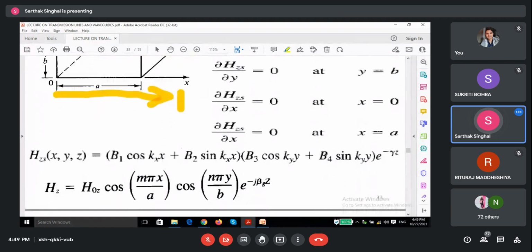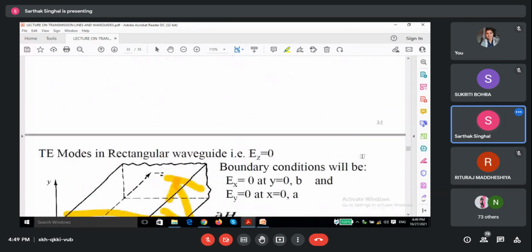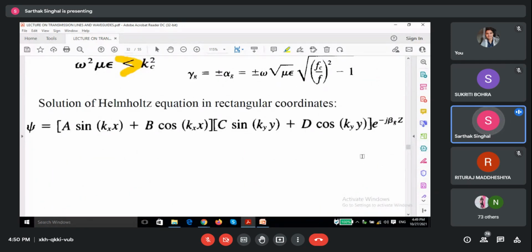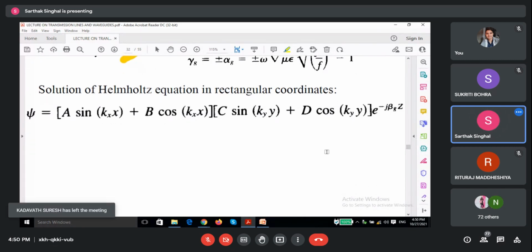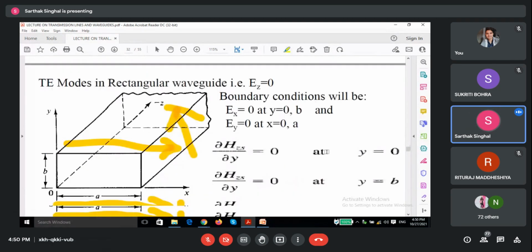What is the value of this Hz component equation? This is the basic equation, derived from this one. Simply, we have replaced psi with Hz and we are trying to calculate the values of the other components.